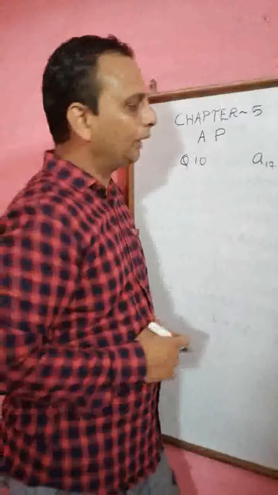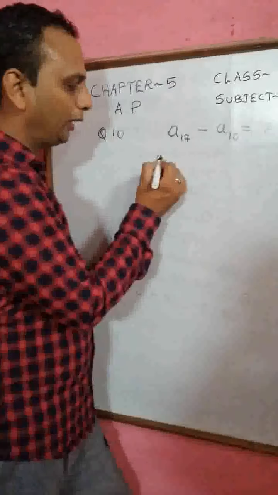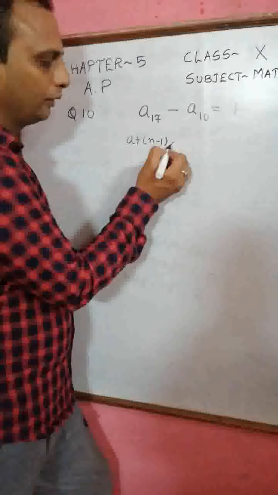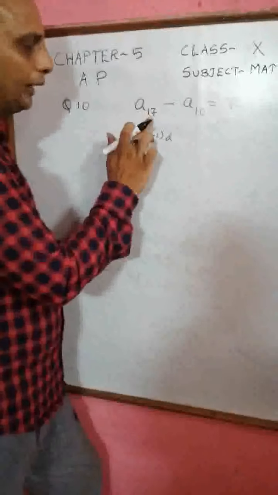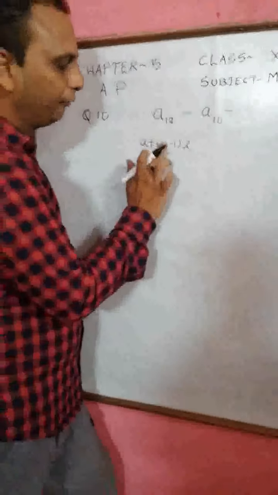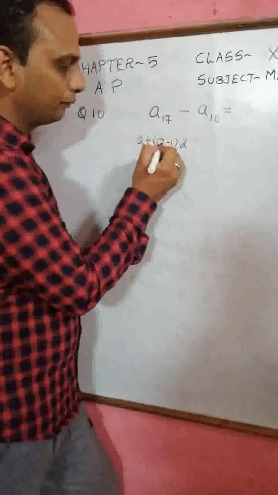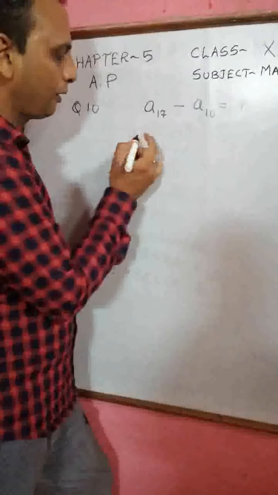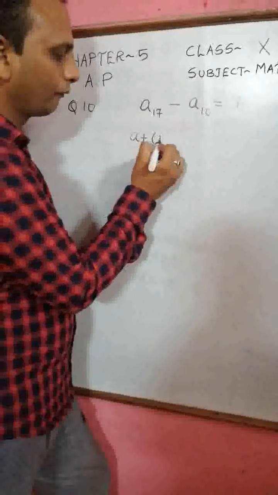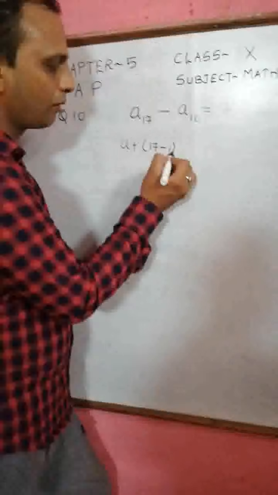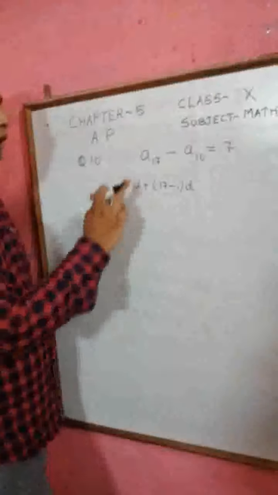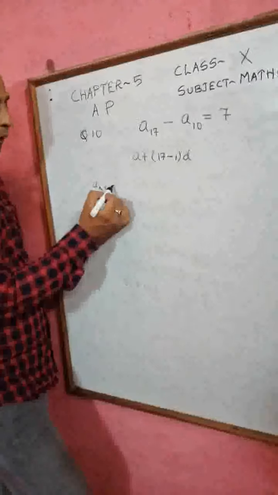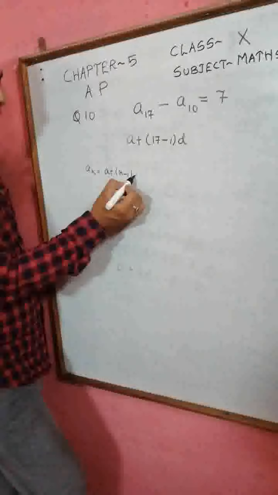Now we will put in the value of the 17th term. We have the formula a plus n minus 1 d. For the 17th term, the value of n will be 17. So we will write here a plus 17 minus 1 d. This is because we are finding the 17th term, and the formula is an equal to a plus n minus 1 d.